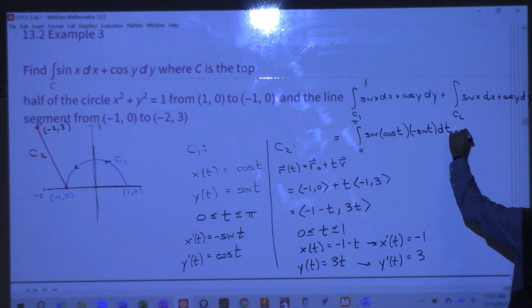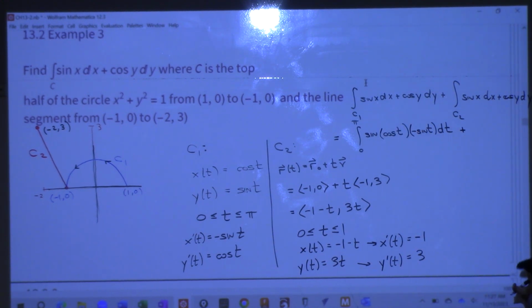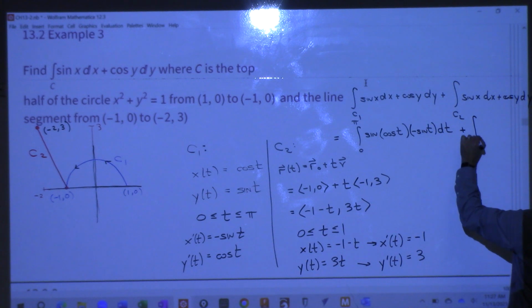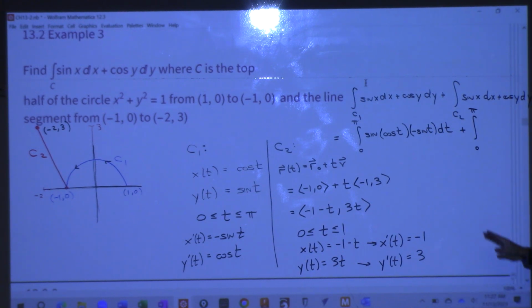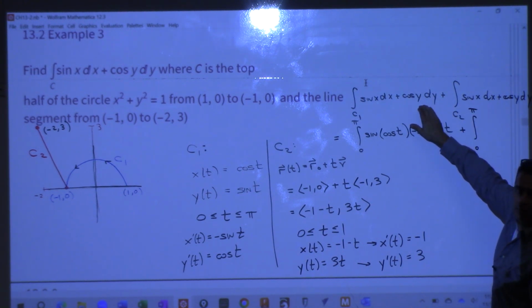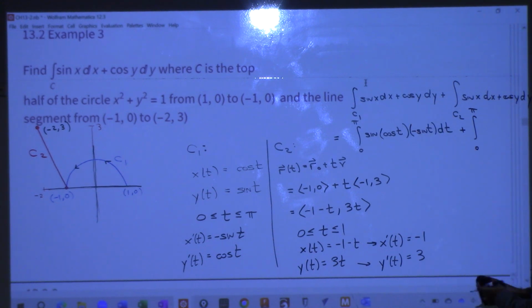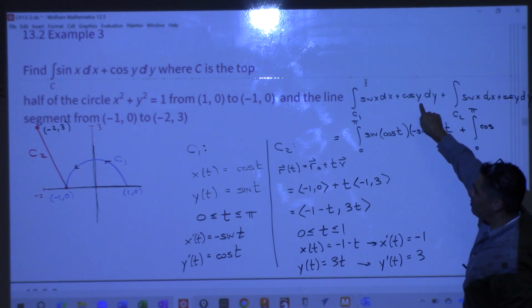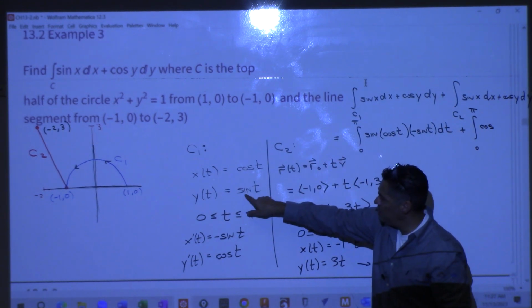Plus, now I'm going to do it as a separate integral, even though I don't have to. 0 to pi. What's that? Cosine of y, because we're doing cosine of y. What's y for us? We're still on C1.